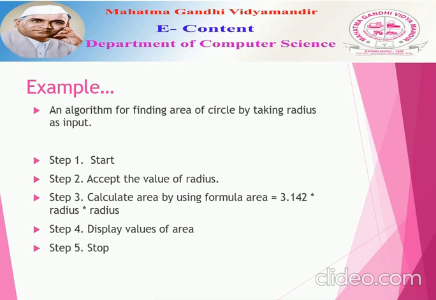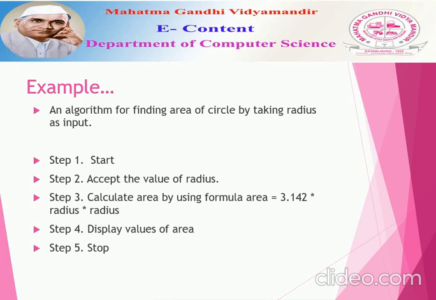So we can see an example over here. Suppose this is an example of finding the area of a circle by taking the radius as input. So finding the area of a circle, this is our algorithm.